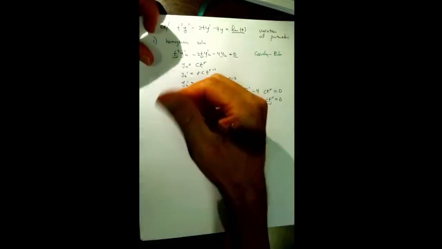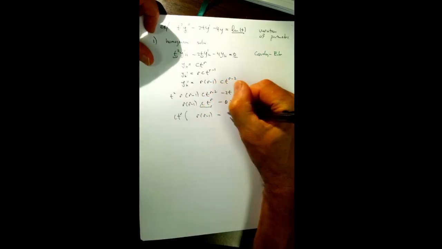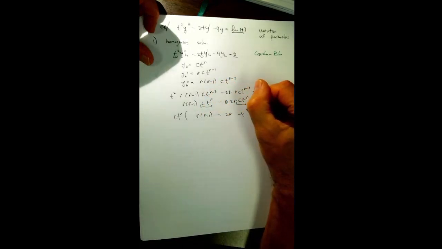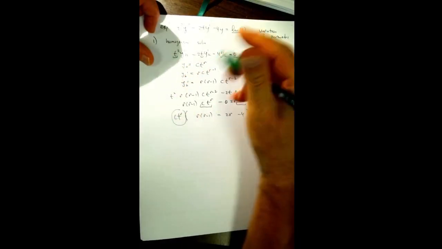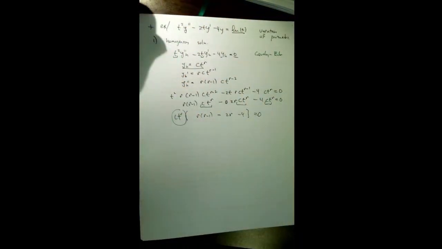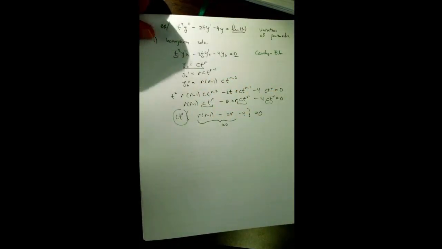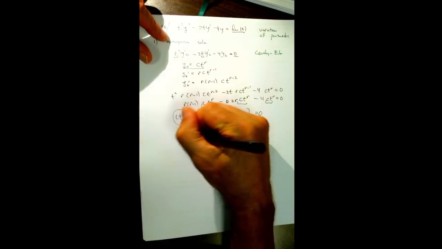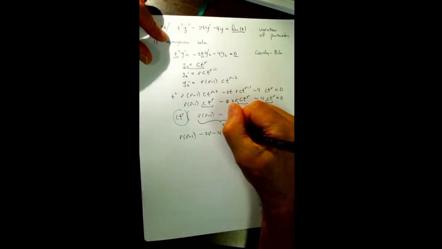And I'm left with r times r minus 1 minus 2r minus 4 is 0. This ct to the r coincides with our homogeneous solution. We don't want that to be 0. So that means this thing in the braces has to be 0. So I have r times r minus 1 minus 2r minus 4 is 0.